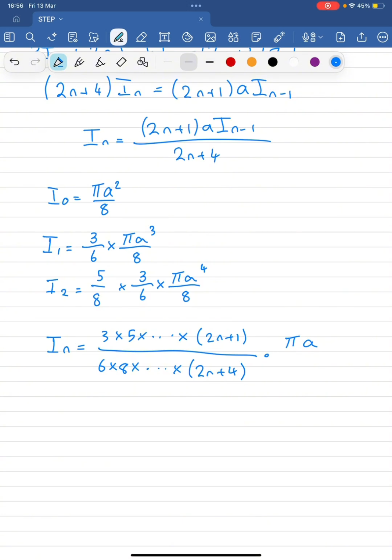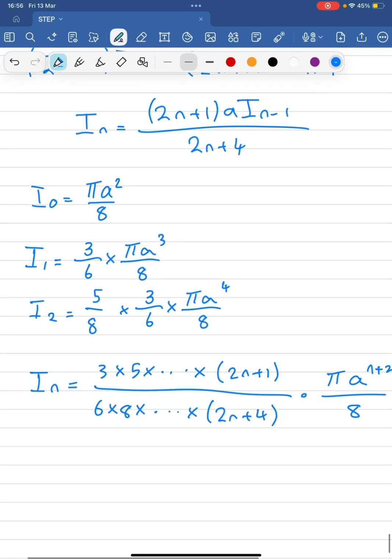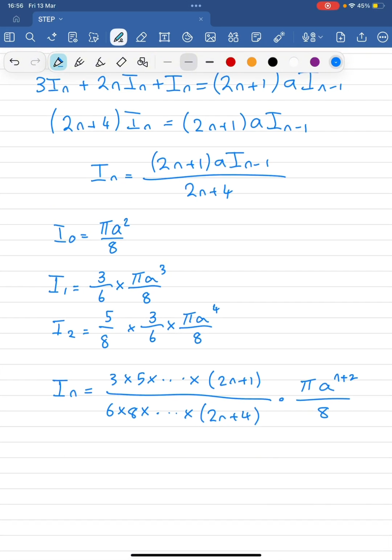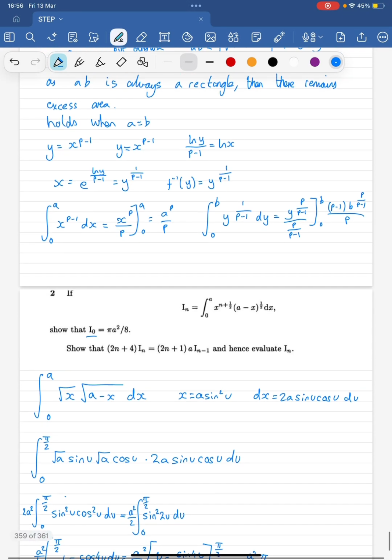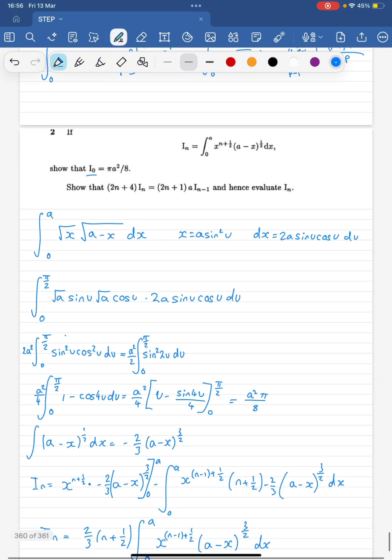I think that's okay. The power of a definitely increases by 2 each time. Yeah, hopefully that is good.